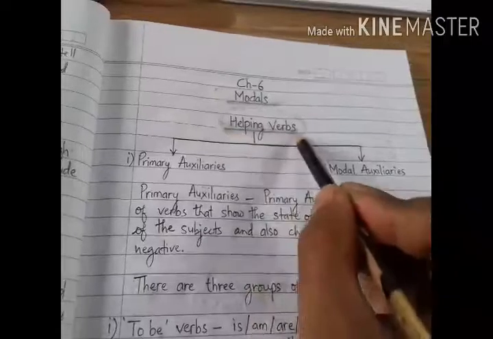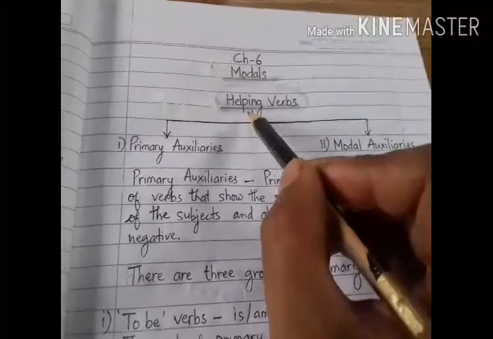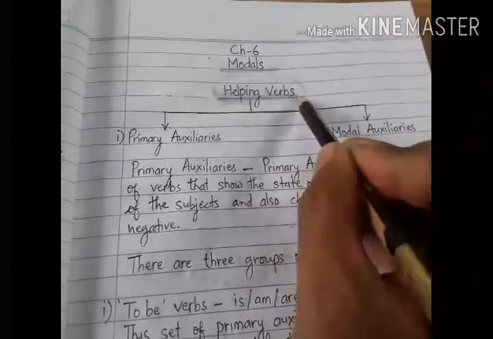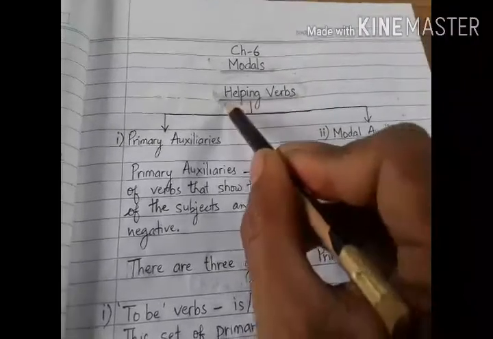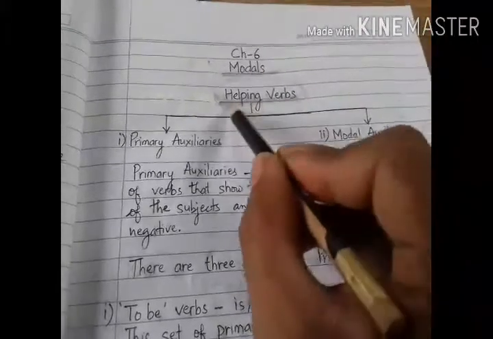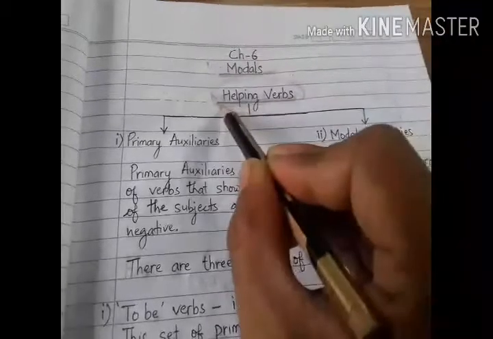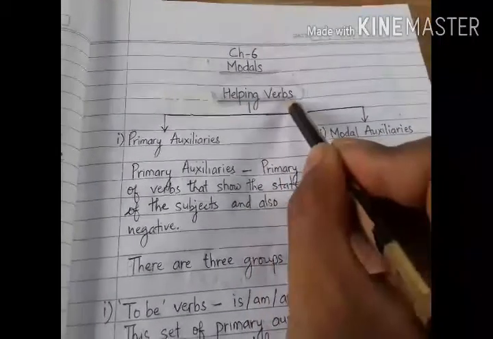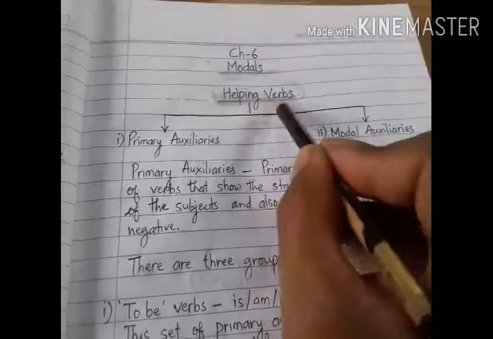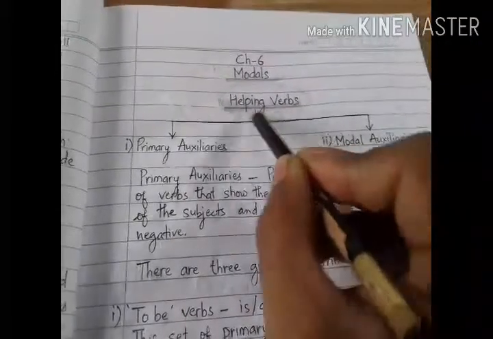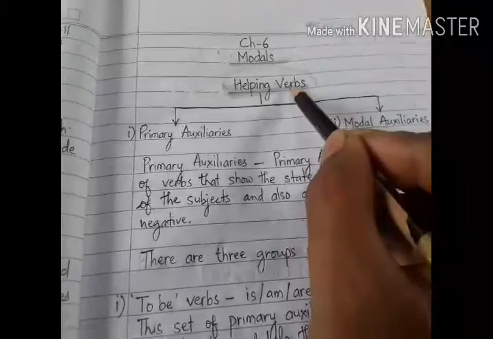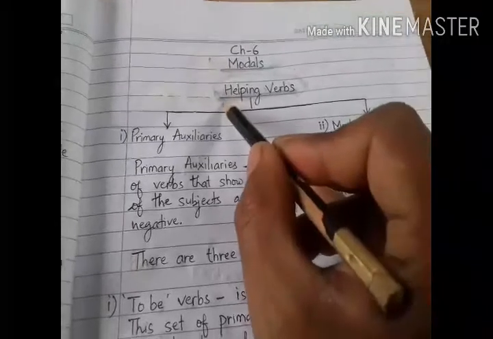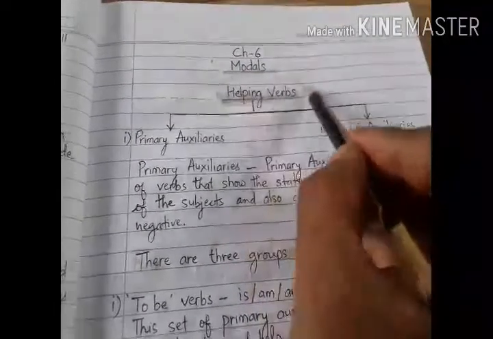The position of the subject also helps to change the sentences into interrogative sentences and also into negative sentences, and also helps the main verb to express the action of asking, the possibilities of actions, to show the capability, to ask for suggestion, intention, possibility of actions, etc. So how are all these many functions performed by helping verbs?